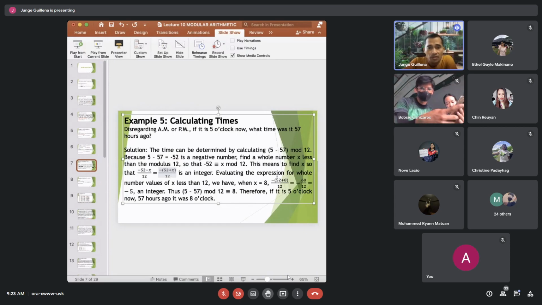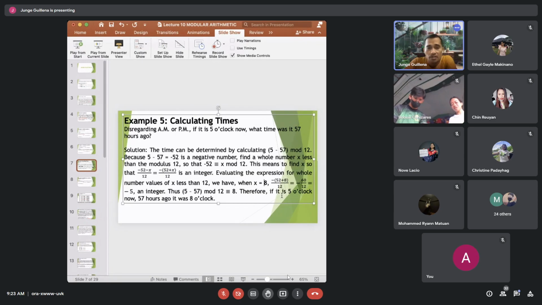Okay? So evaluating the expression for whole number values of x less than 12, we have x equal to 8. When you add 8 to 52, you will get 60. So we have the negative outside. So negative 60 divided by 12 is equal to negative 5, and it is an integer. Since it is an integer, the value of x is equal to 8.